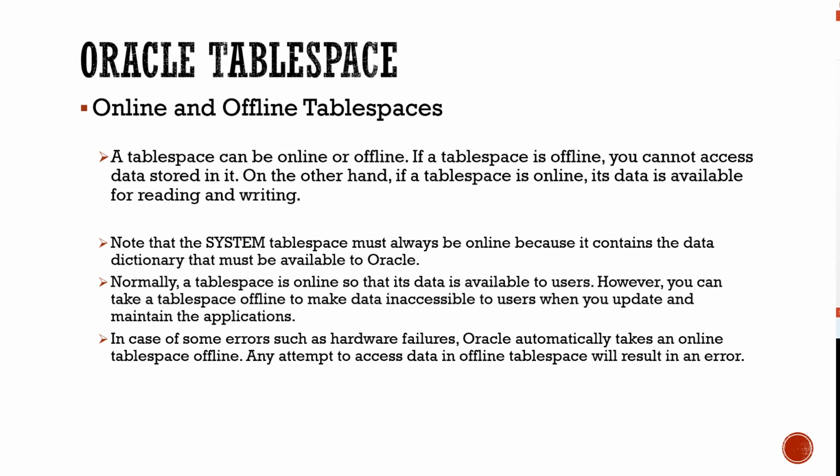Note that the SYSTEM tablespace must always be online because it contains the data dictionary that must be available to Oracle. Normally, a tablespace is online so that its data is available to users.